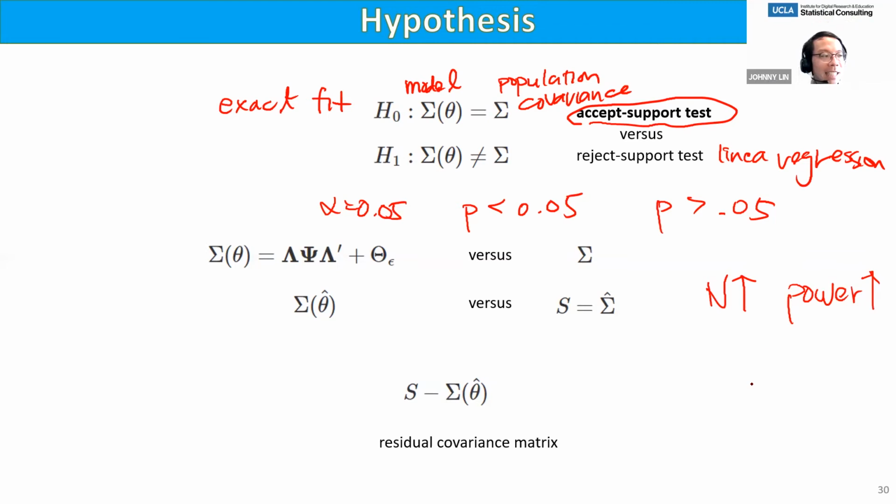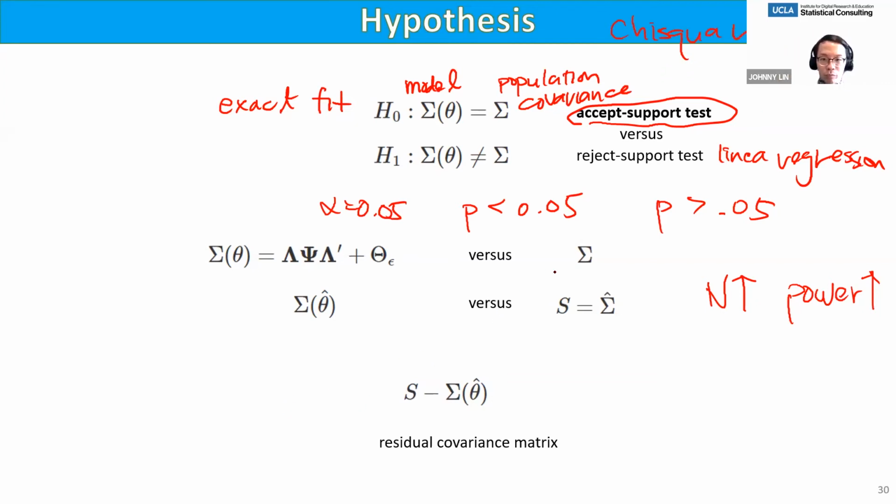So that's a catch-22 or a conundrum. By increasing your sample size, you gain more power, but you're more likely to reject your null hypothesis. Does that make sense? So that's kind of why we developed other things besides the chi-square, because this is basically measured by the chi-square.